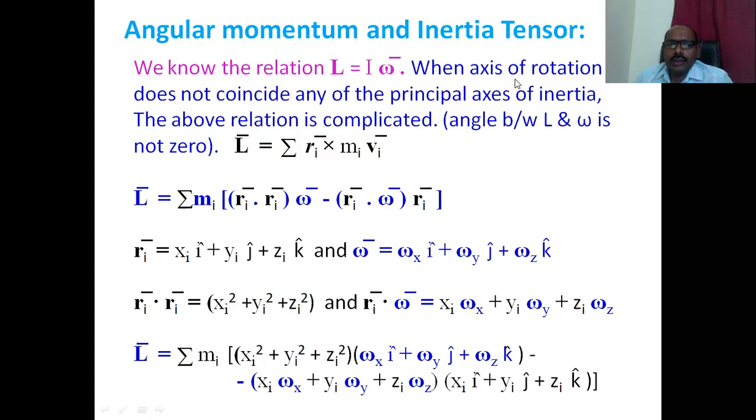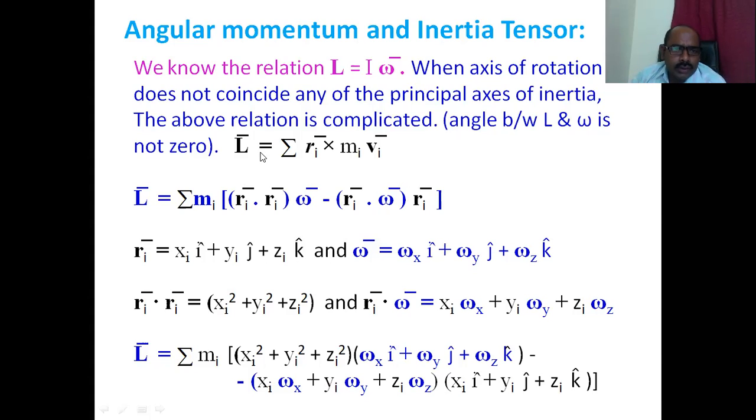Whenever the axis of rotation does not coincide with any one of the principal axes of inertia, the above equation does not hold good and the equation form will be different and somewhat complicated. So whenever the angle between the angular momentum vector and angular velocity is not zero, this is the equation we are going to derive.